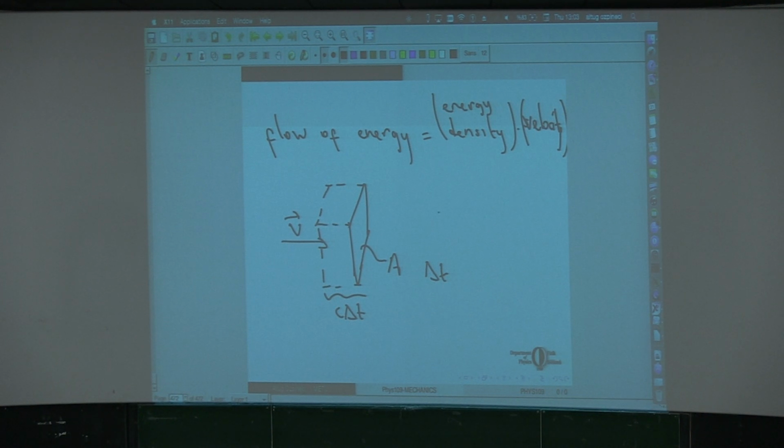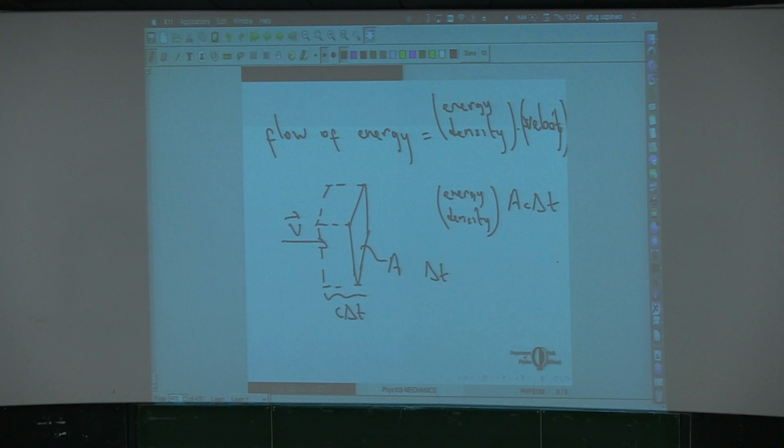So the total energy in this volume is the energy density times the volume over here, but the volume is A times c delta t. This is the total energy in this volume.